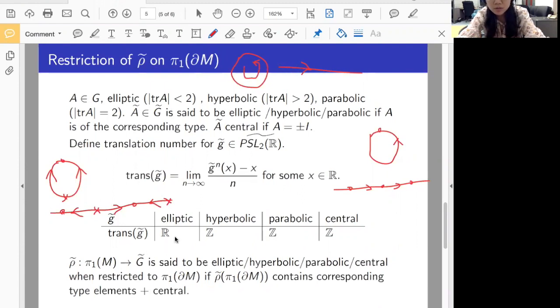Okay, so the translation number of an elliptic element could be any real number. But the case for hyperbolic and parabolic is very different. If G tilde is hyperbolic, then it only measures how much it moves for these special type of points on the real line.